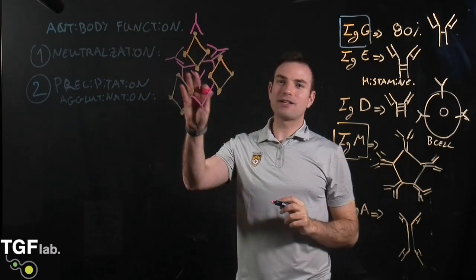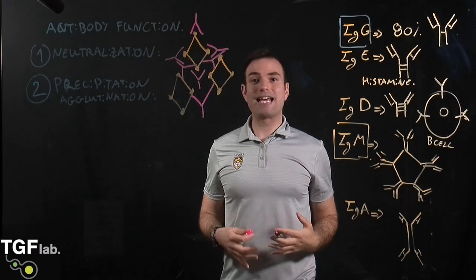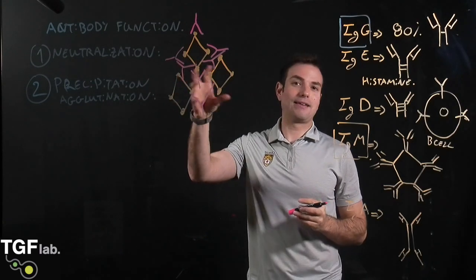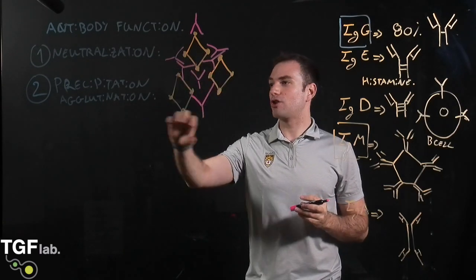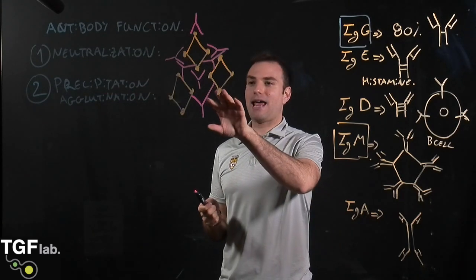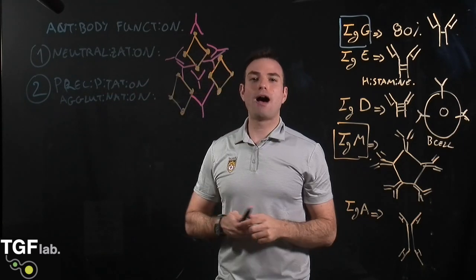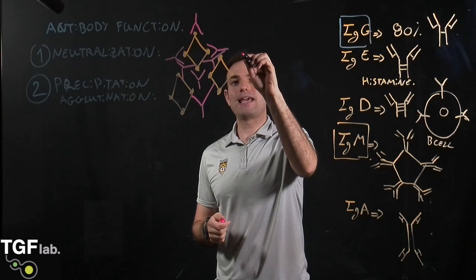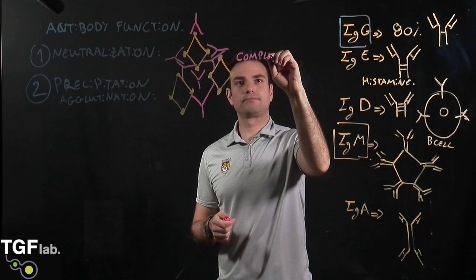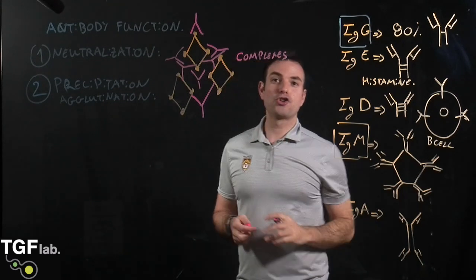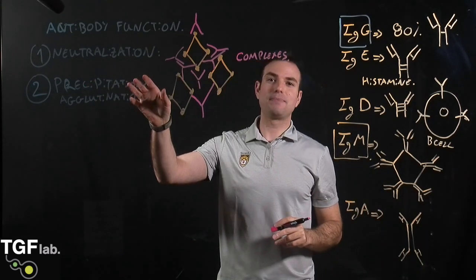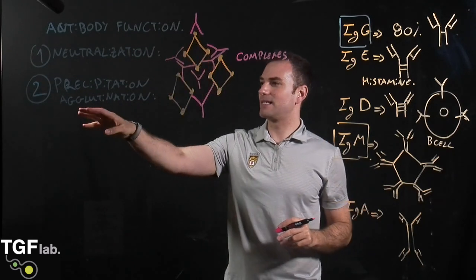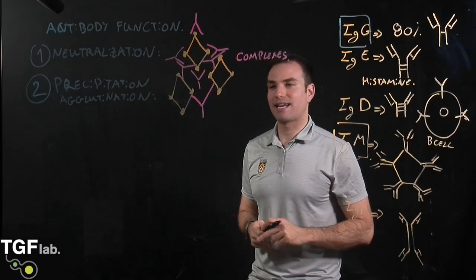And then these toxins or viruses that were soluble in our plasma, in our blood, or in our interstitial spaces are not going to be soluble anymore. They are going to precipitate, because the antibodies, by binding to more than one antigen or particle, are going to form these big immune complexes that are not soluble, and this is why they precipitate. This process by which we create these immune complexes is called agglutination, okay?